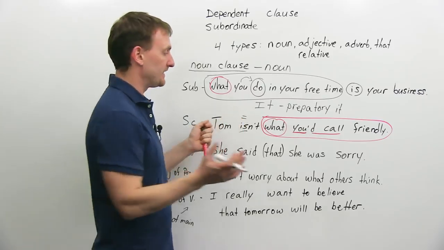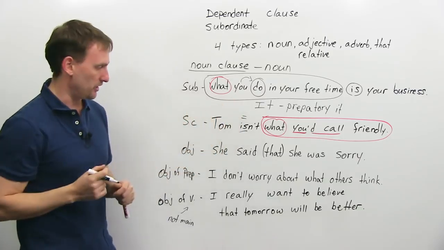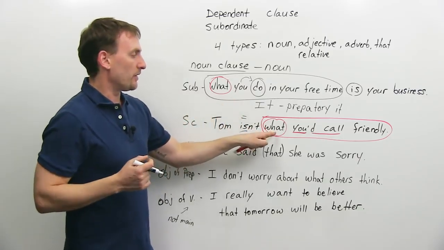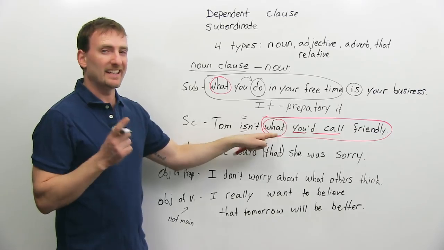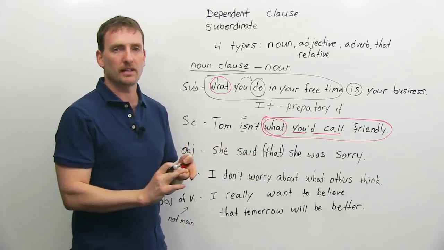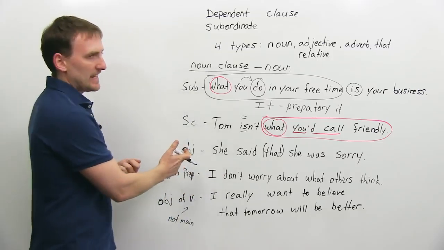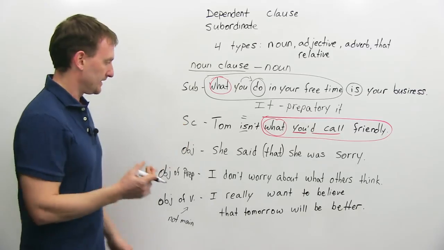That's basically what this sentence means. This is the subject complement to Tom, noun clause. Notice that the conjunction what can only be used in a noun clause, not in an adjective clause, not in an adverb clause. Okay. We can also use the noun clause as the object of the sentence.